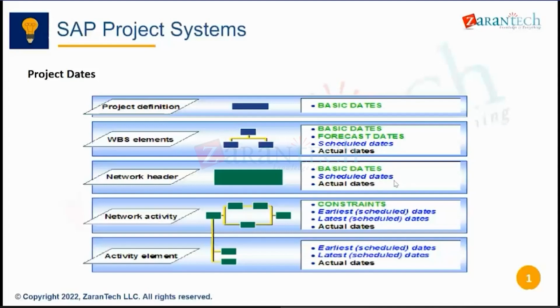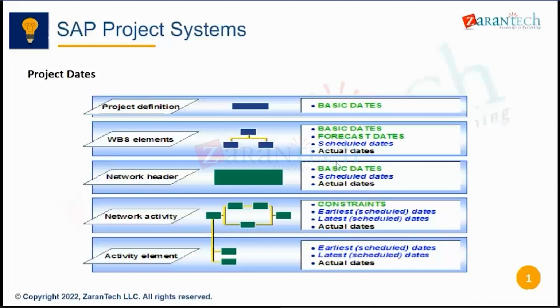Then when we do our execution, we do activity confirmation. That is where we can enter actual dates, at the activity element level, or at the network activity level. Usually we just do it at the activity and network level.